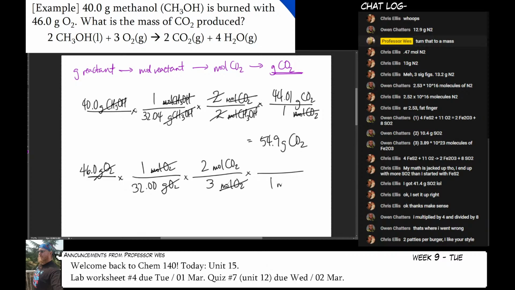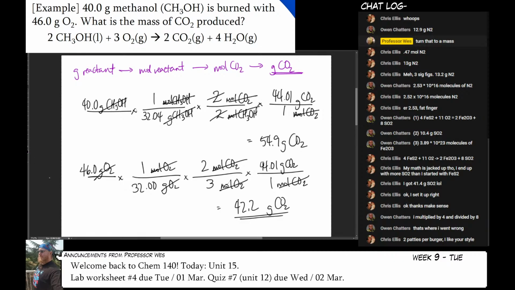And then I do the same thing over here that I did before. And then I just run the numbers. 46 times 2 times 44.01 over parentheses 32.00 times 3.